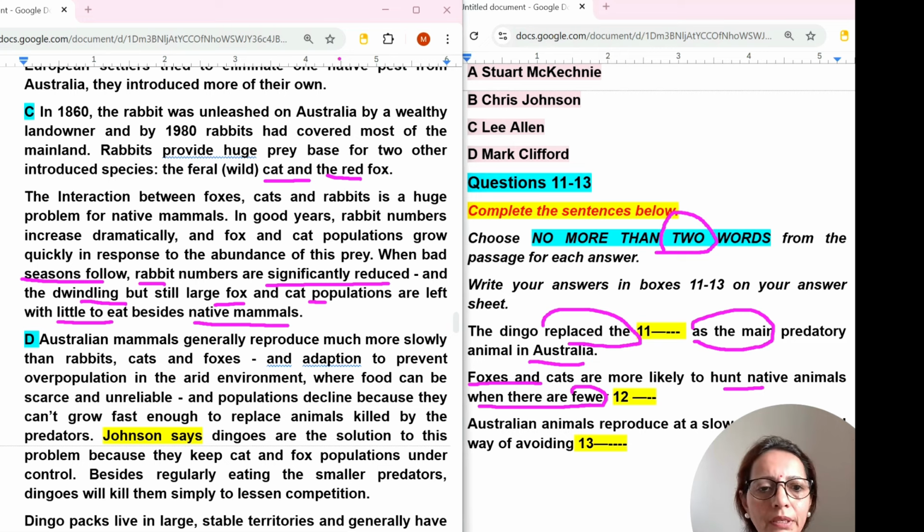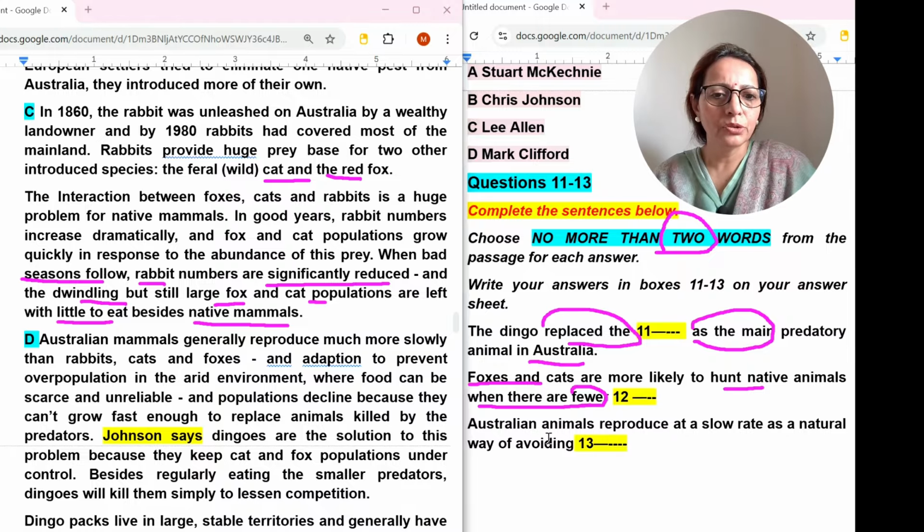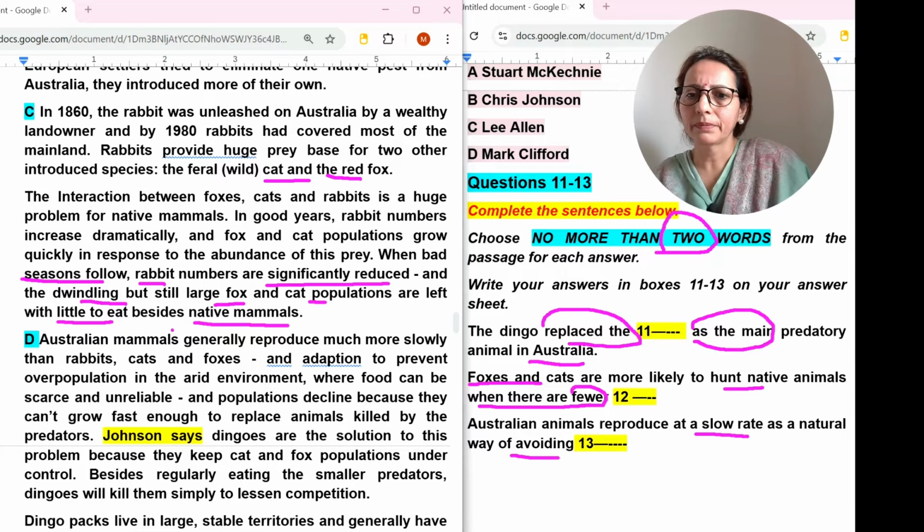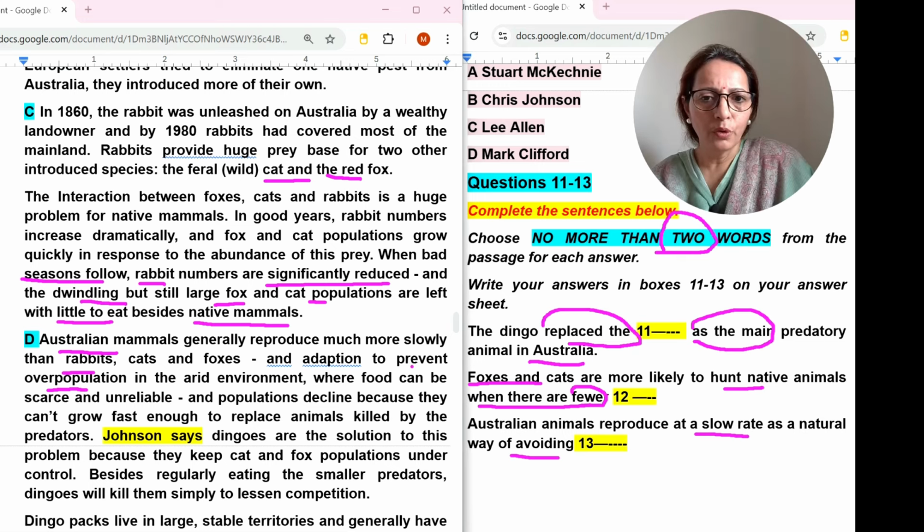Now, next, question number 13. Australian animals reproduce at a slow rate as a natural way of avoiding dash. Australian animals generally reproduce much more slowly than rabbits, cats and foxes, an adaptation to prevent overpopulation in the arid land.